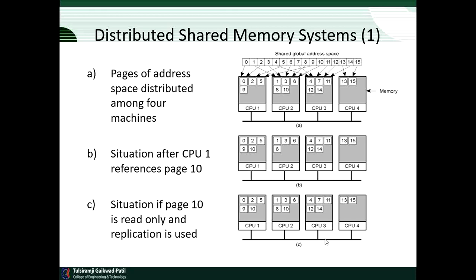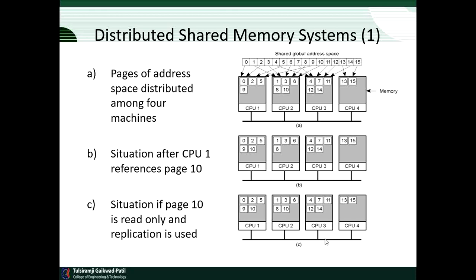Then diagram C represents the situation if page number 10 is read only and replication is used. If we are using replication, a copy of the read only page is available with CPU 1, then it is also possible, means CPU 1 can read page number 10 but cannot make changes in that page.